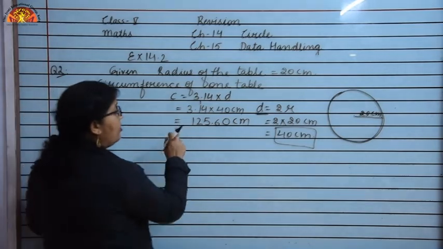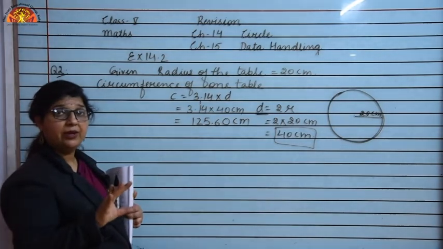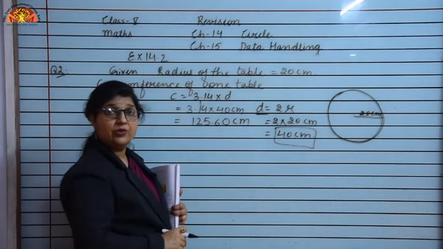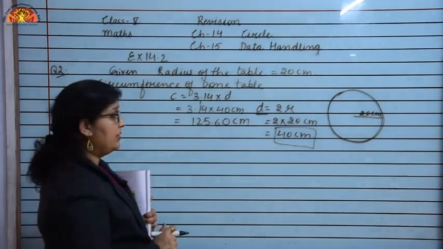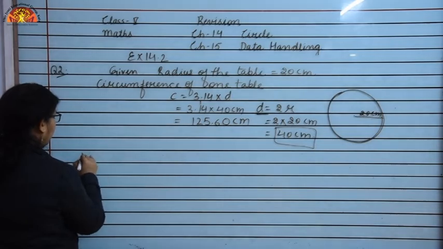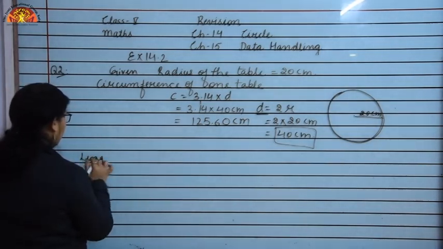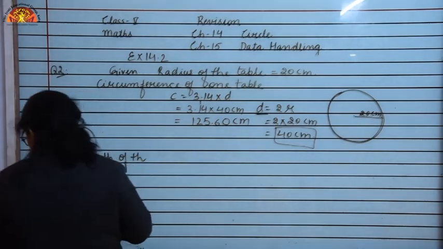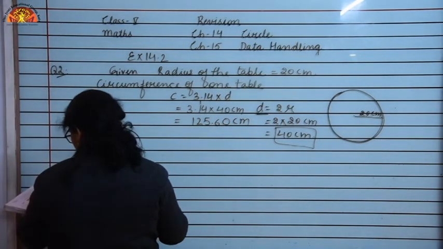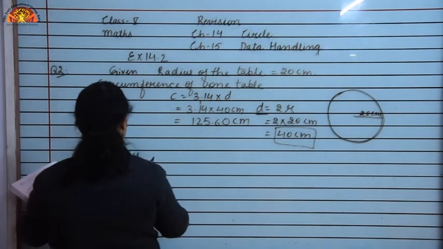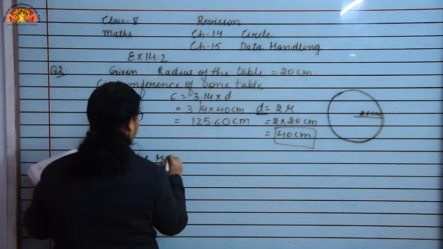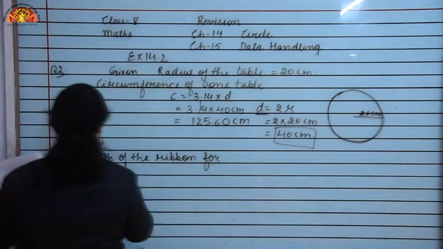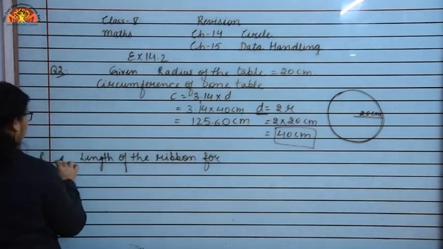Now we want to find the length of the ribbon for 7 tables. So we multiply this length by 7 to get the total length of the ribbon. So we write here the required length.